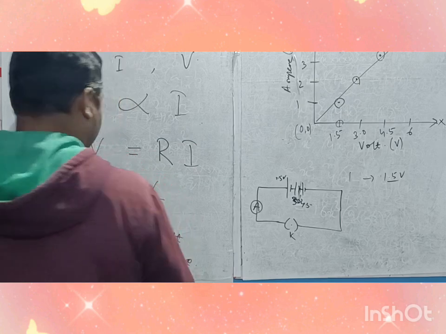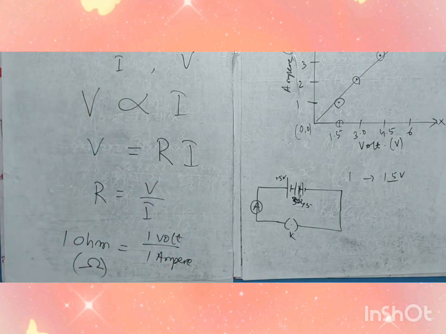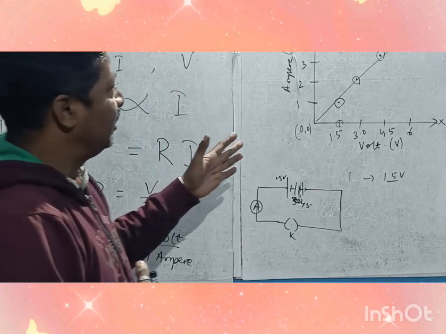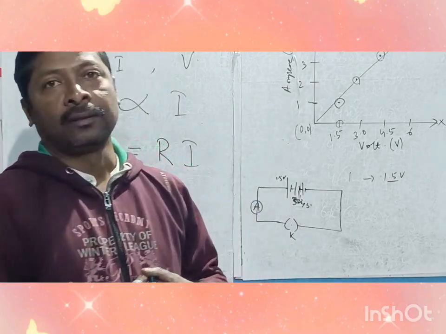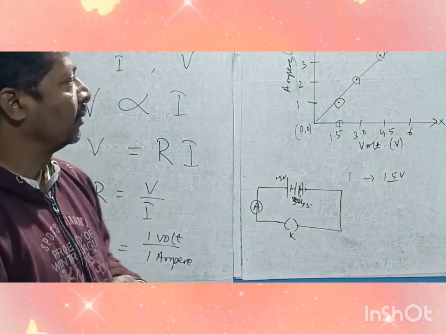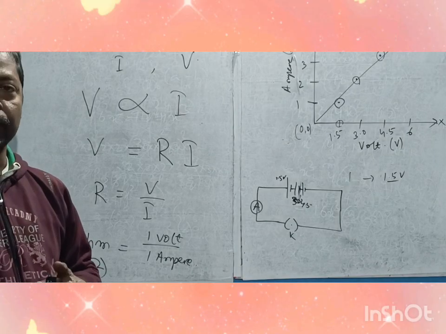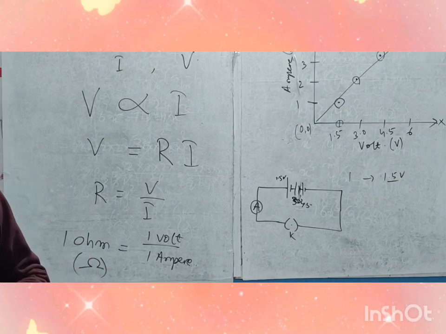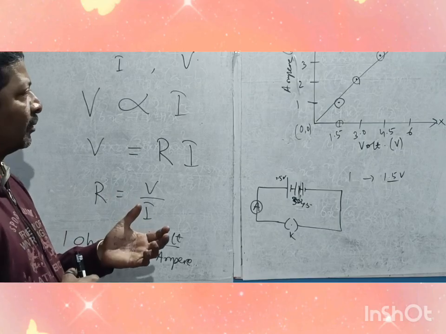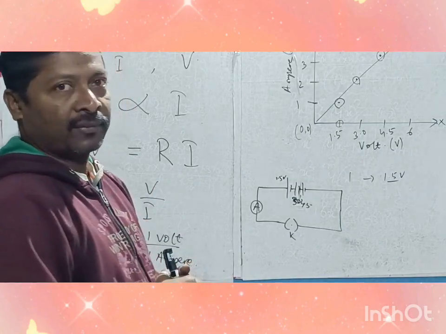So, for some conductors, it is valid. The graph is a straight line, like copper wire, aluminum wire, like this. So these are called ohmic conductors.